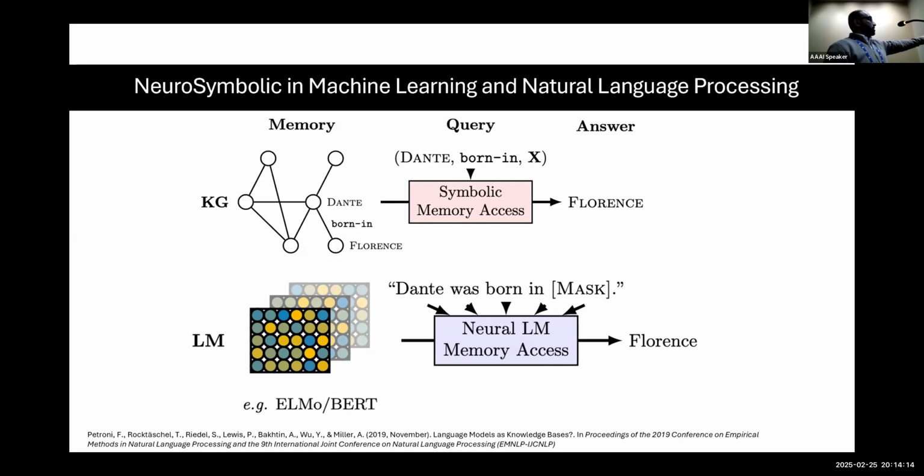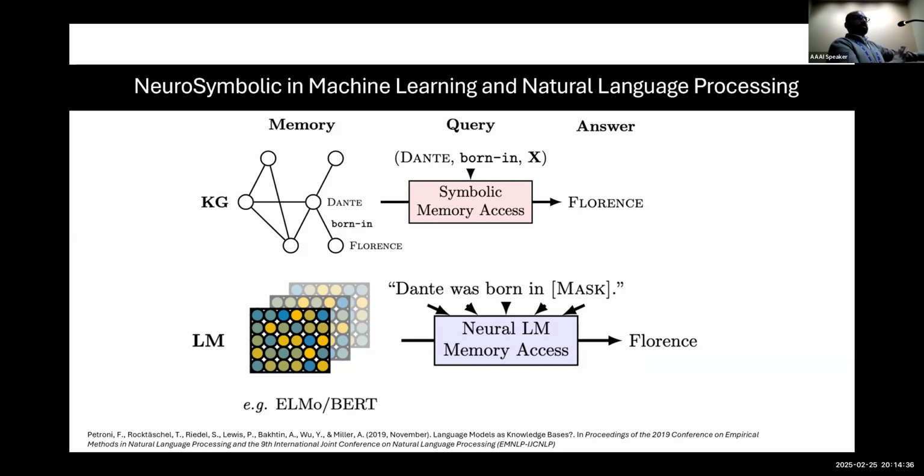It says that you have the knowledge graph at the top, where I have the information about a person, Dante, born in Florence. And my query is subject and predicate, and I want to predict the object, right? That's the answer that we really want. So this is simply a link prediction problem or a node classification problem in a specific knowledge graph space.